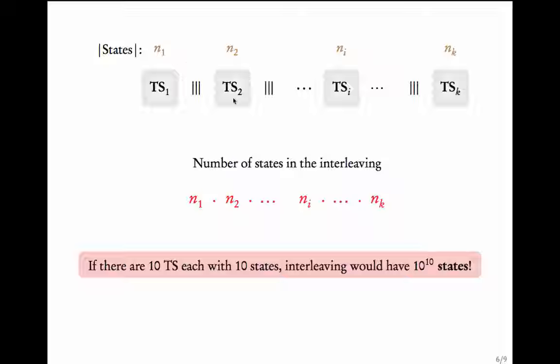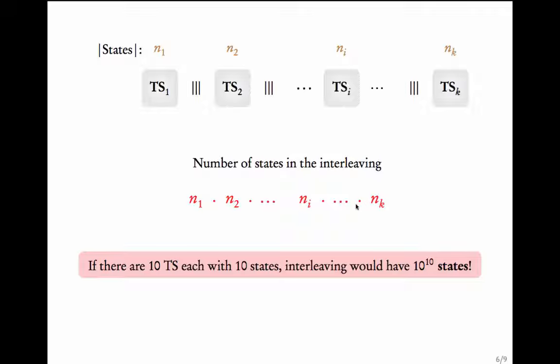TS1 has N1, TS2 has N2, TSi has Ni, and TSK has Nk. The number of states in the interleaving is going to be the product of N1, N2, Ni, and so on. I mean N1 times N2 times N3, and so on till Nk.